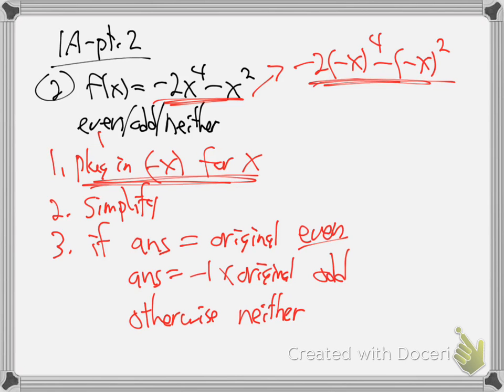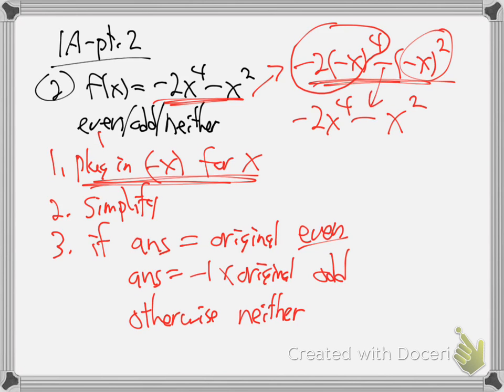So how is this first piece here going to simplify? You got a negative 2 and a negative x to the fourth. That negative x to the fourth, 4 of those is going to become positive, times the negative 2 is negative 2x to the fourth, right? Minus, and then the minus x squared becomes positive as well. But the subtractions in the front still sit there, don't they? So the minuses that were in the parentheses vanish because those are even powers.